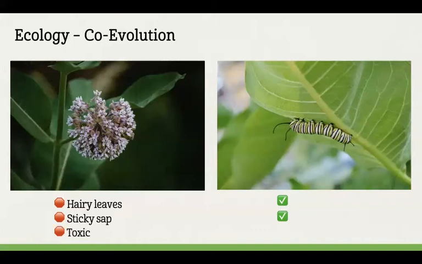Yet another defense, the milkweed contains toxins that most animals can't metabolize. The monarch is not only unaffected, but it is actually able to retain that toxicity and use it for its own protection against predators.